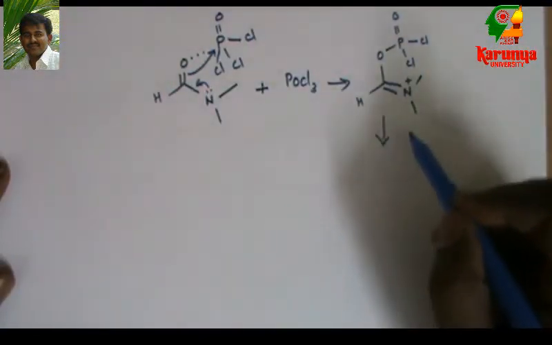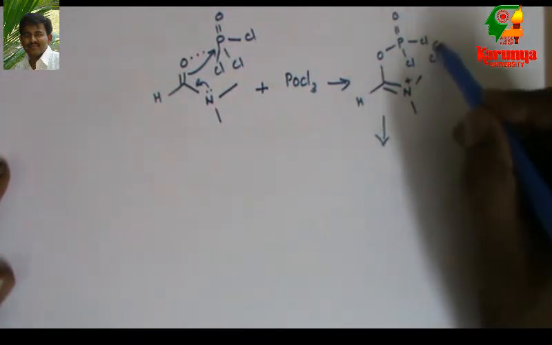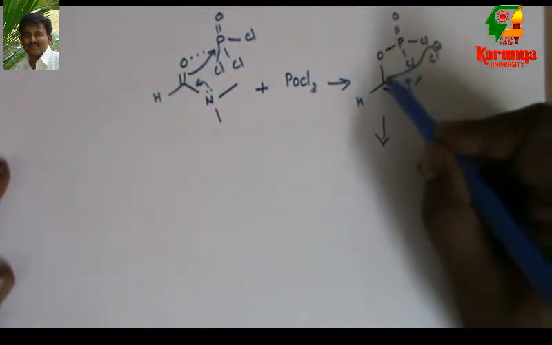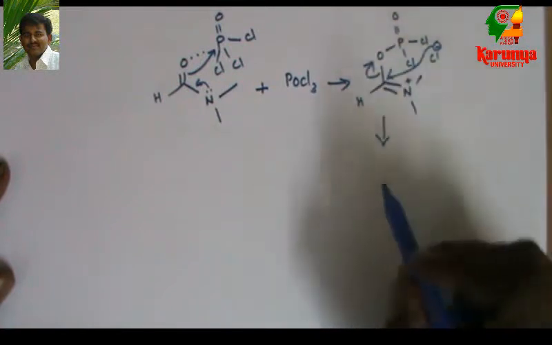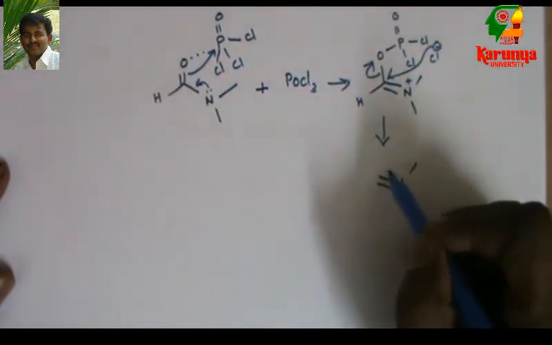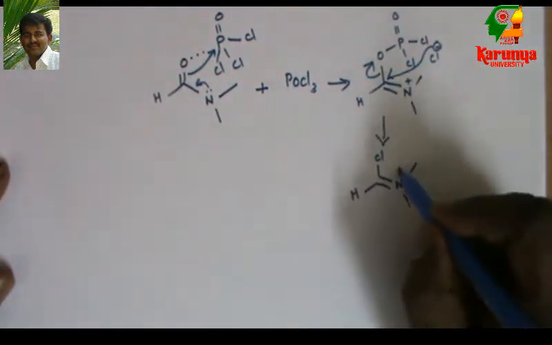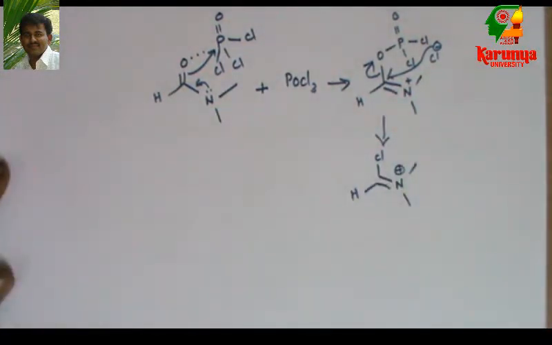Further, the Cl minus attacks here, and what we get is the intermediate in the Vilsmeier-Haack reaction. This is attacked by a nucleophile to give the formylated product.